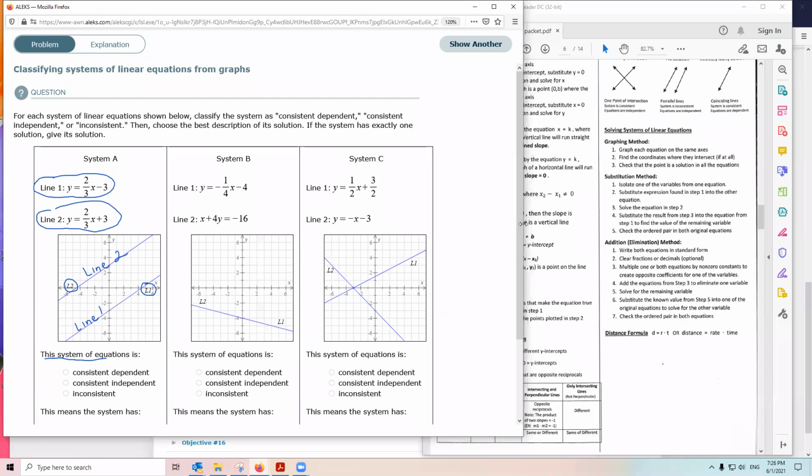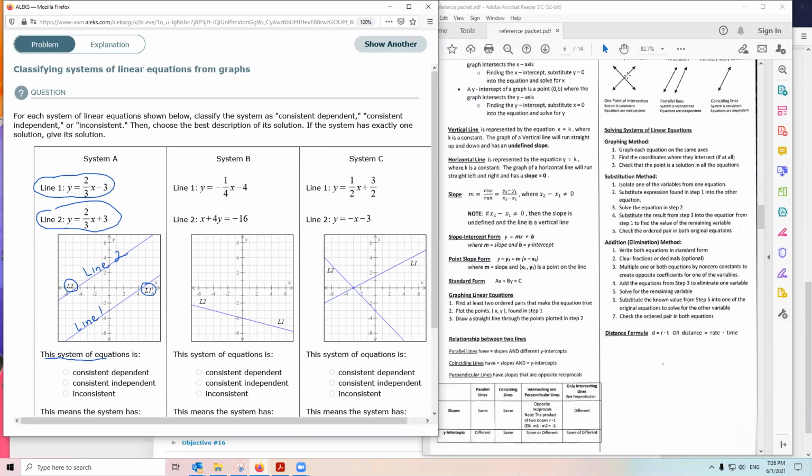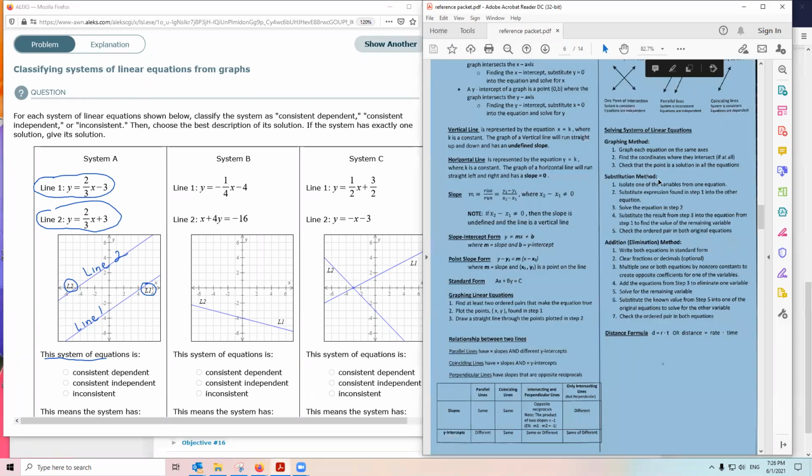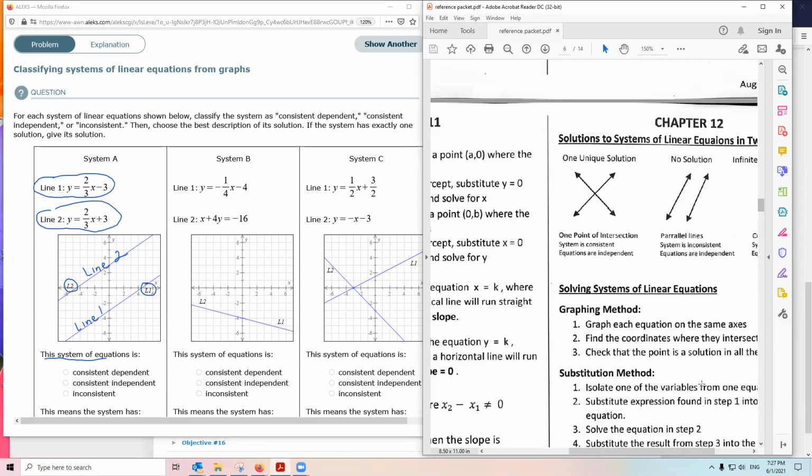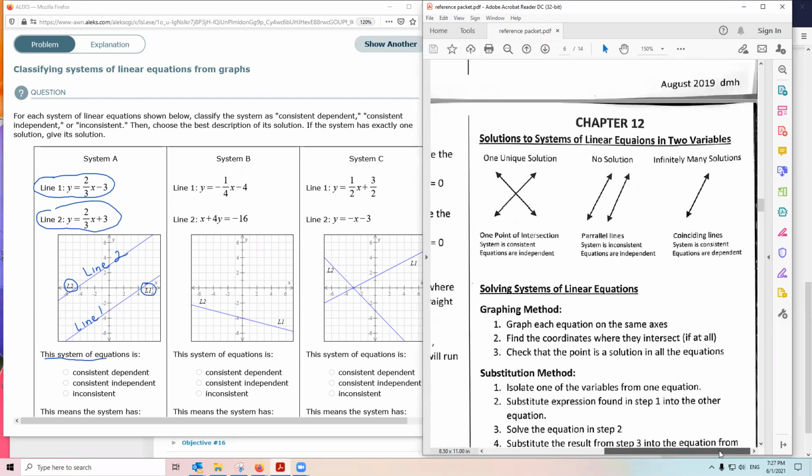There is a diagram here that tells you how to classify these graphs. So it says here, notice we have parallel lines. Well, if you have parallel lines, notice it says the system is inconsistent. So I'm going to come here and say inconsistent.